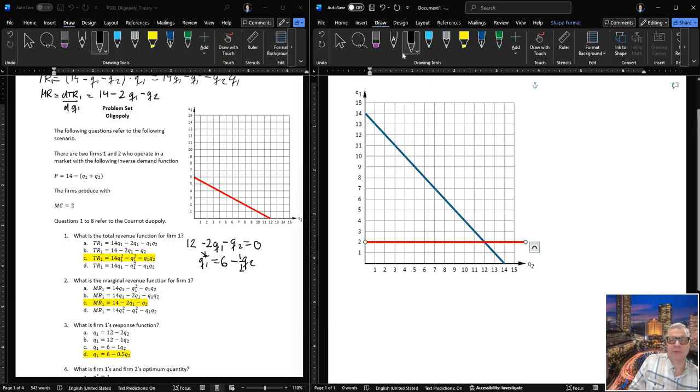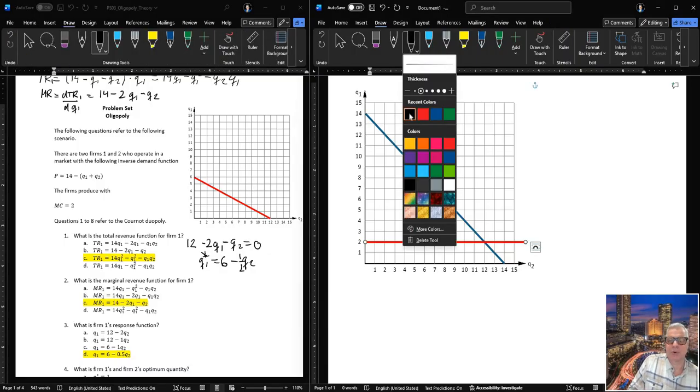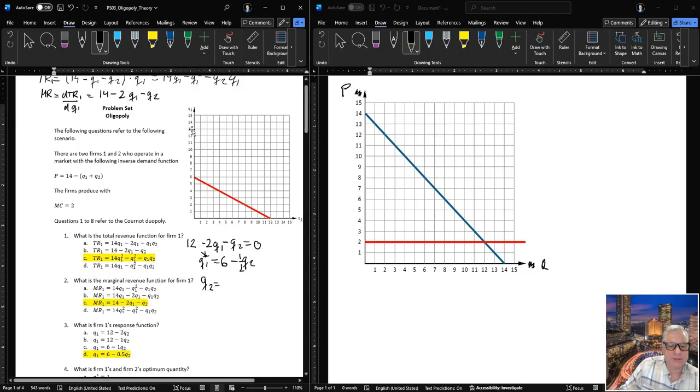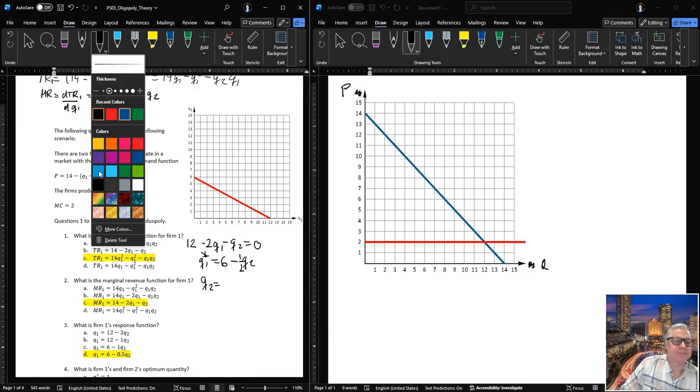And actually here in this graph to the right, I'll just draw the overall result. So this is P and this is Q. That means if Q1 is 6 minus 1/2 Q, the other starts here at 6 and has also a slope and goes till 12. So I'll make that in blue.